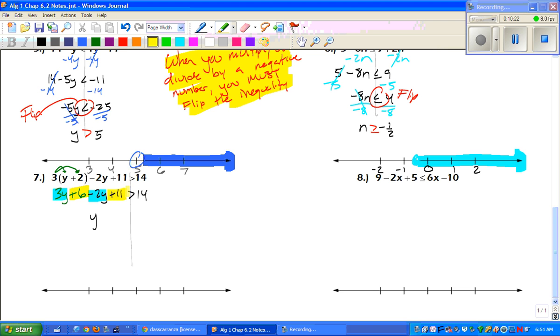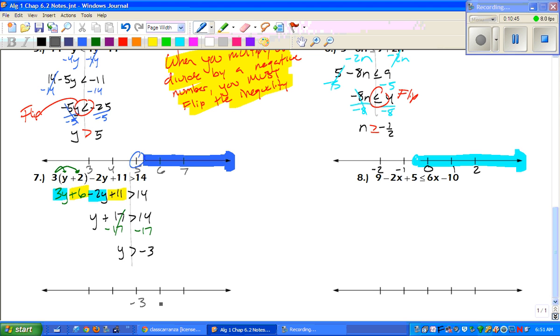We can also combine our numbers, which gives us 17. So we went to this big scary thing to y plus 17 is greater than 14. That's not that bad. So subtract 17 from both sides. y is greater than negative 3.